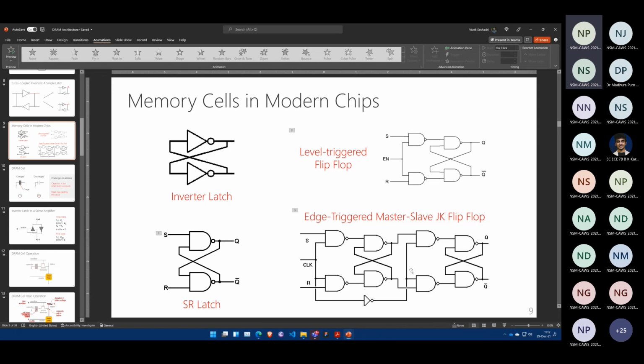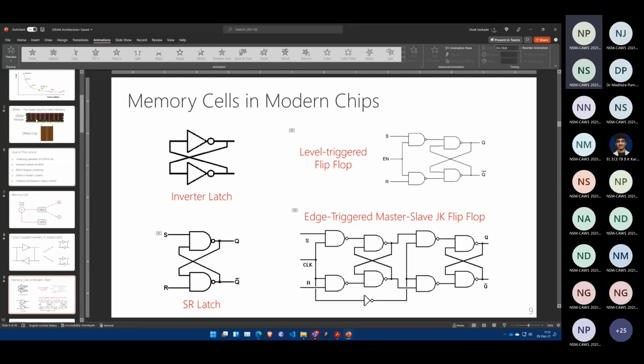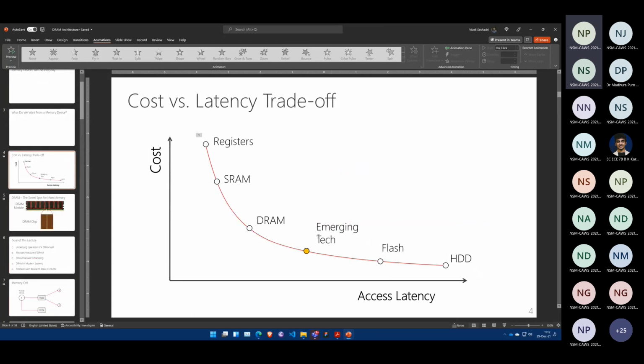Now that we have gone through this lecture and we have looked at the underlying operation of a DRAM cell, I actually encourage all of you, there are many memory devices that have come up. As I mentioned, there are emerging memory technologies. There is PCM, there is STT-MRAM, there is flash, which has been around for much longer.